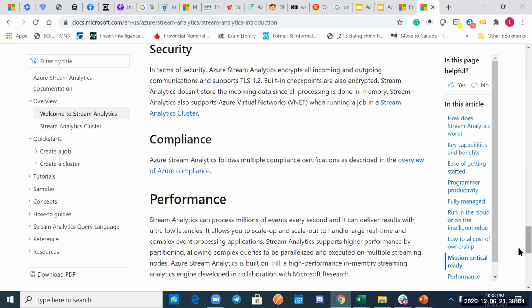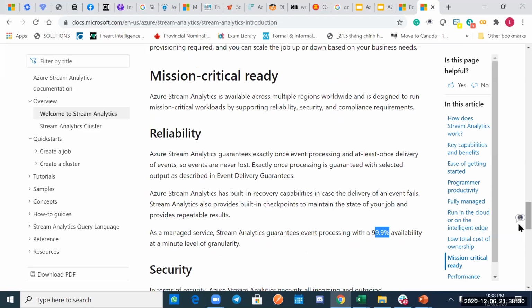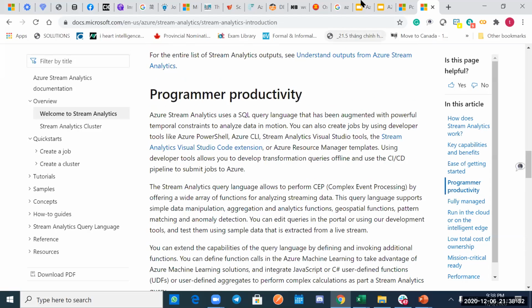It's scalable, mission critical, secure, and compliant with other tools that are available. It's a real-time analytics platform for gathering the data. So that's it for this session on the services.